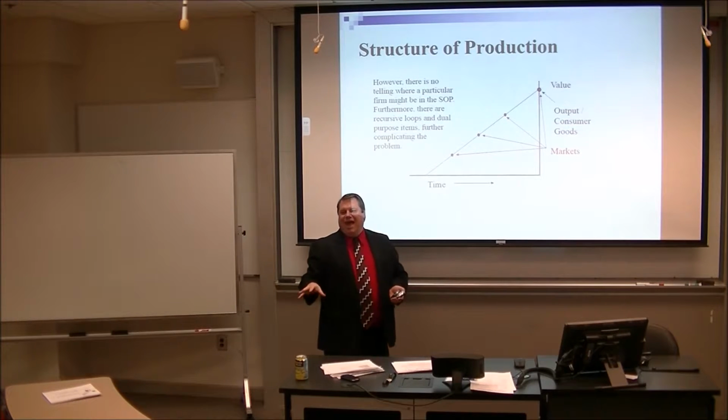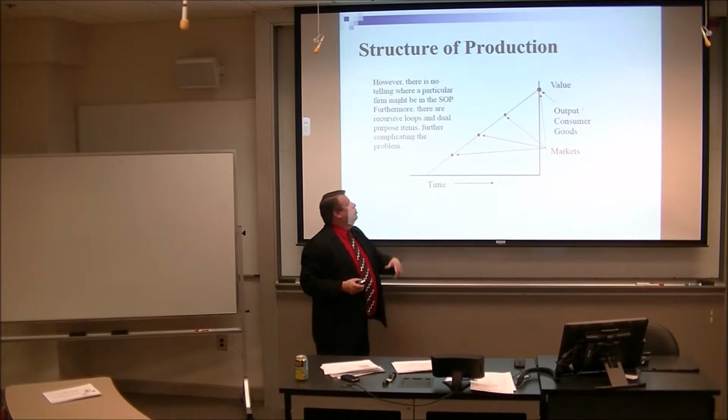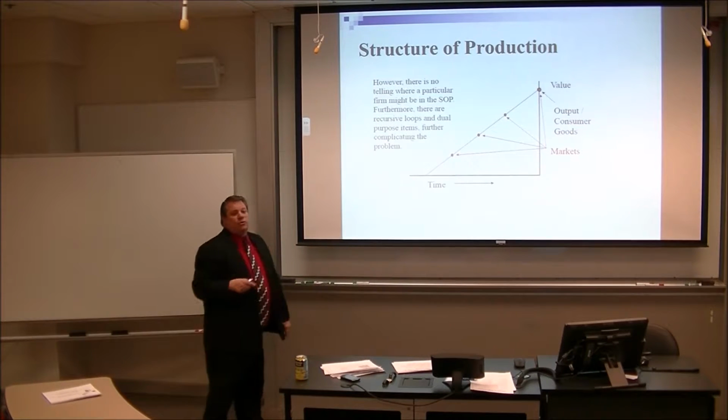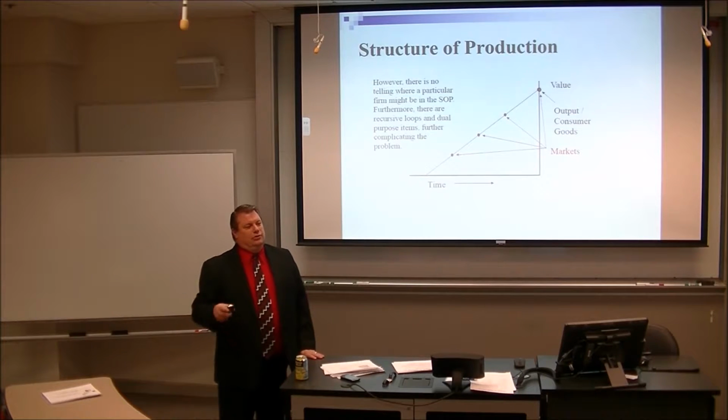We don't see that. And then we have recursive loops and dual purpose items, and that further complicates the problem, right? So if I buy a computer, is that a consumer good or a producer good? Yes. If I use it for work, it's a producer good. If I'm playing video games on it, it's a consumer good.